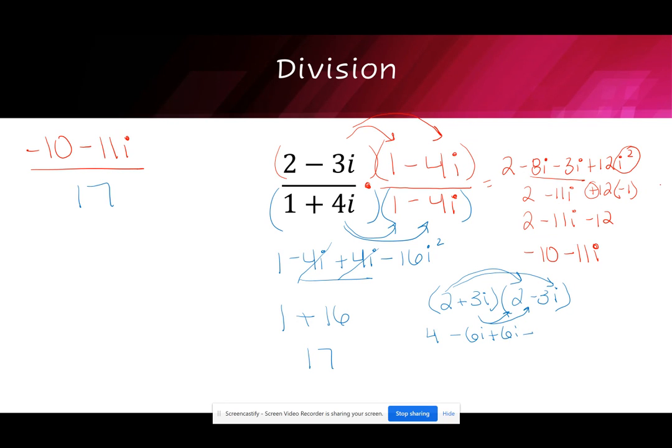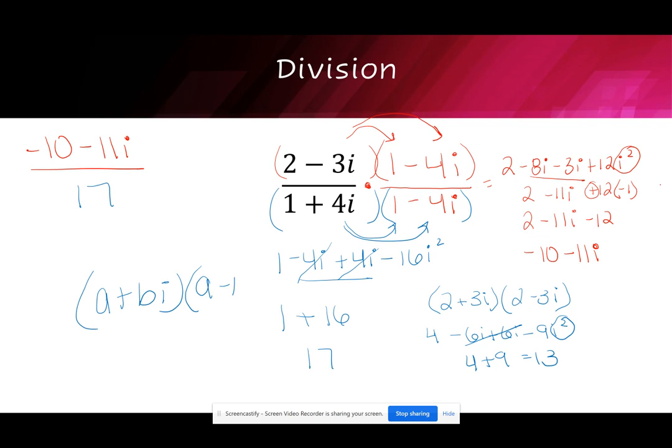And then negative 9i squared. This flips your sign. Those cancel out. 4 plus 9. So whenever you multiply by a conjugate, a plus bi times a minus bi, it's always a squared plus b squared.